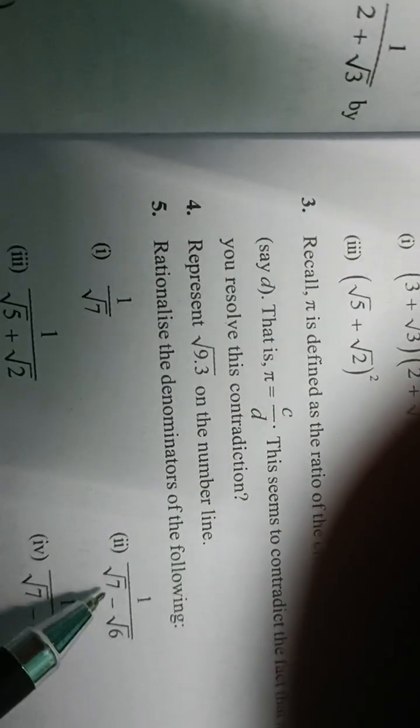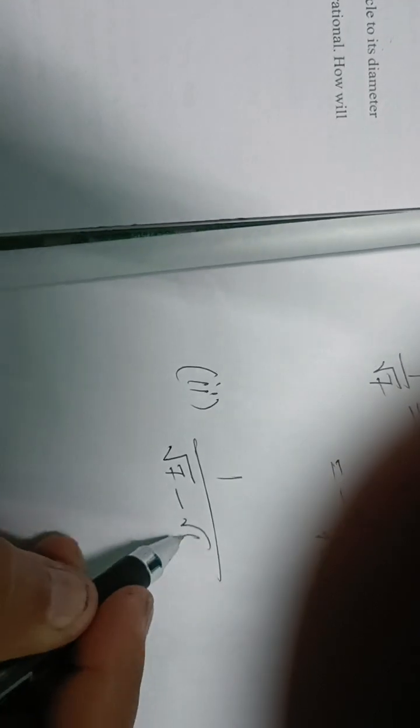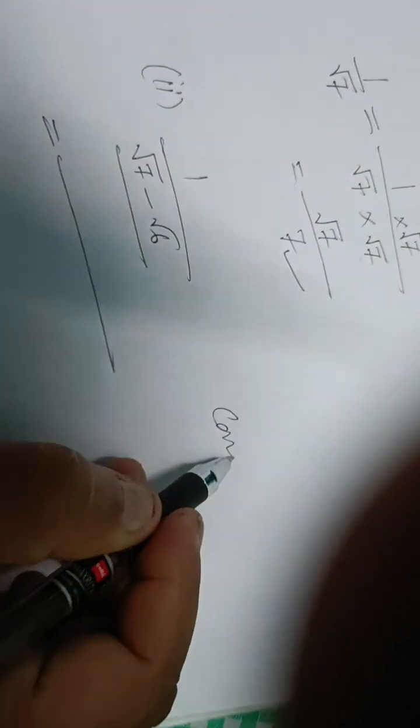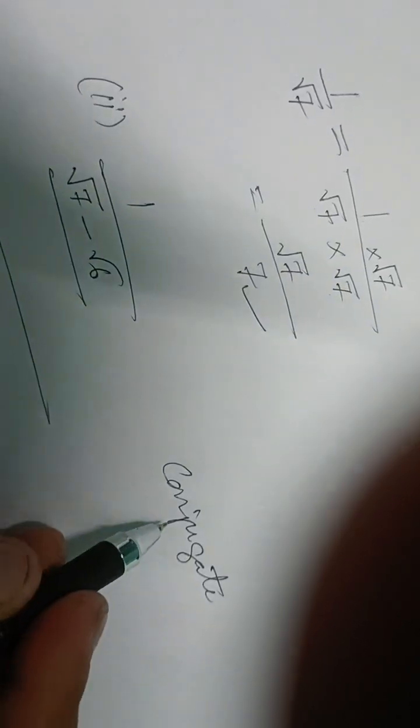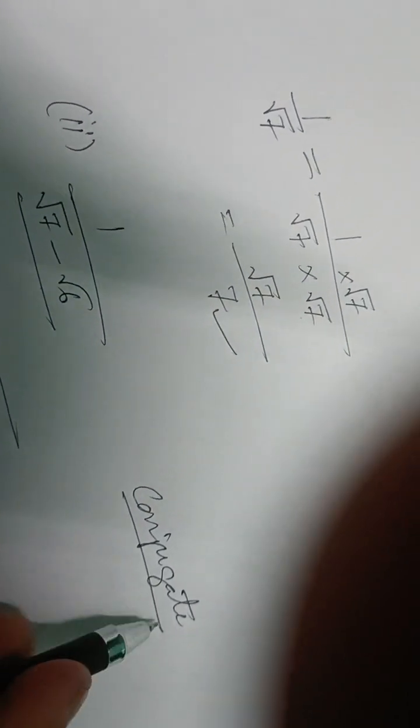In question number 2 you see 1 by root 7 minus root 6. When you make this denominator a rational number, we have to multiply by its conjugate. Now what does conjugate actually mean?